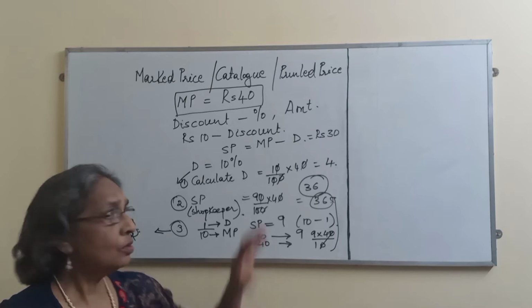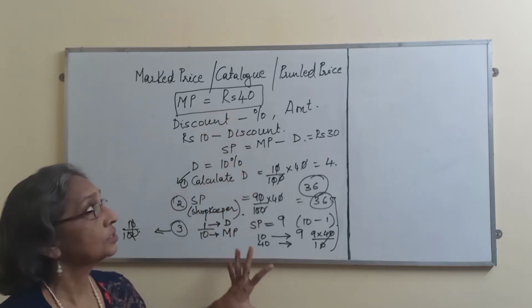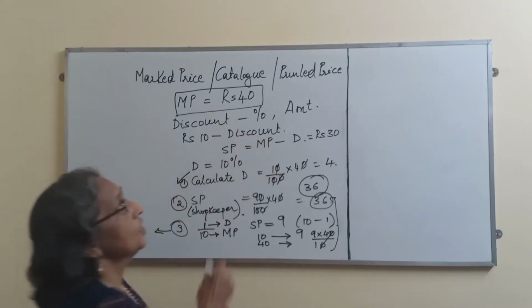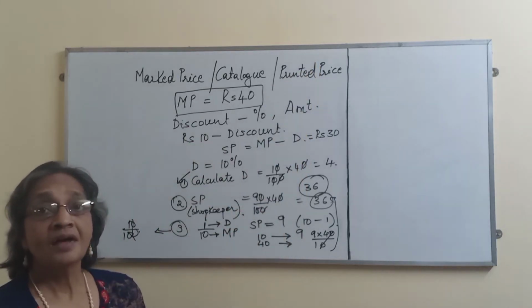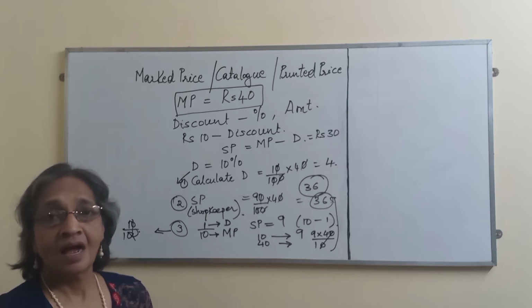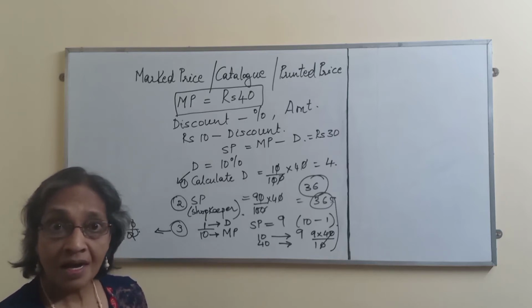Alright? Now this is a brief explanation of what is a printed price, what is the marked price, what is the catalog price. Remembering always, discount किस पे होता है?